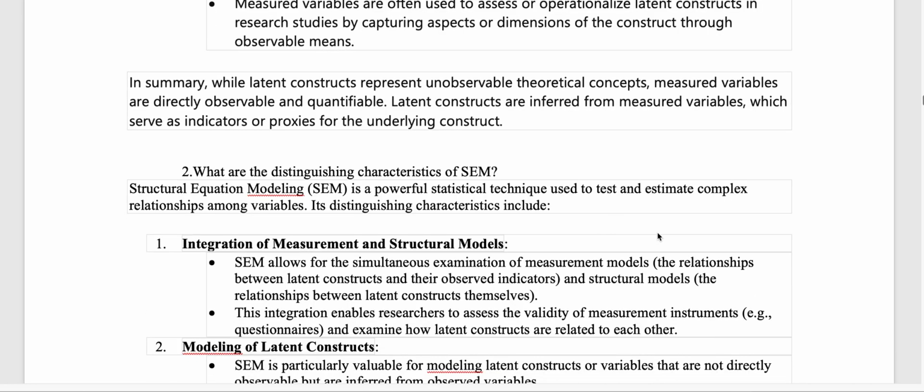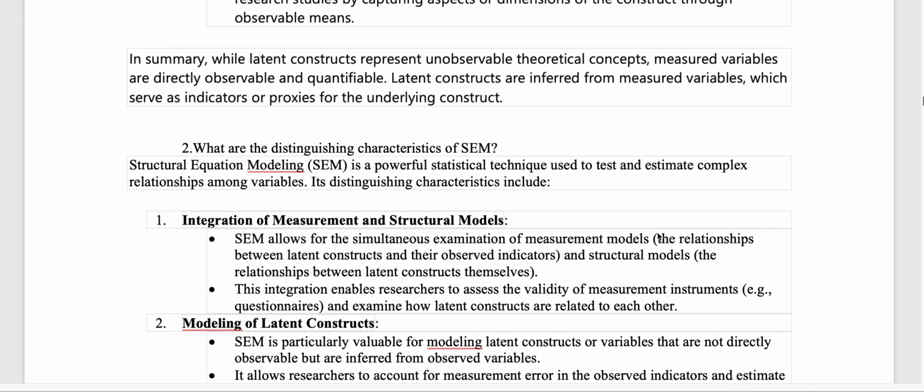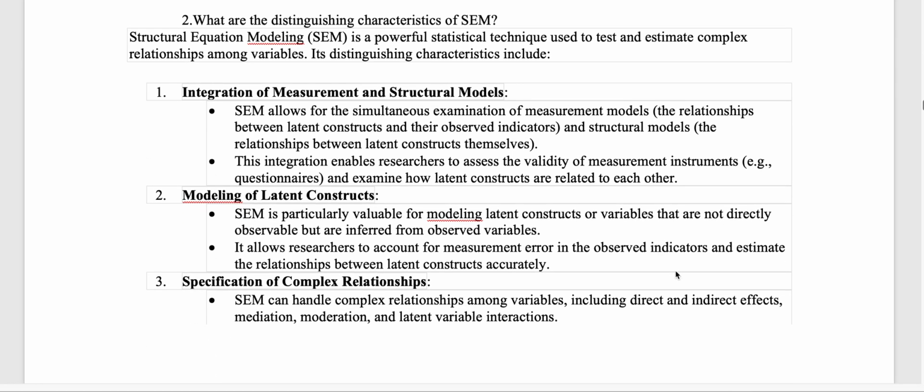Let's talk about the second question: what are the distinguishing characteristics of structural equation modeling? Structural equation modeling is a powerful statistical technique used to test and estimate complex relationships among variables. Its distinguishing characteristics include, first, integration of measurement and structural models. It allows for simultaneously examining the measurement model, the relationship between latent constructs and their observed indicators, and the structural model, the relationship between the latent constructs themselves.